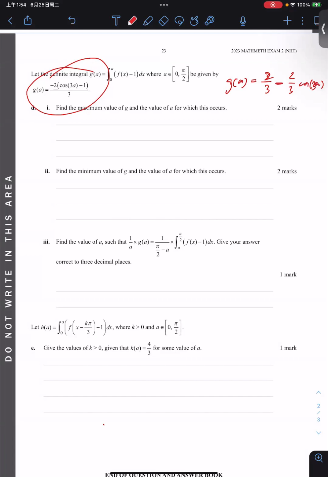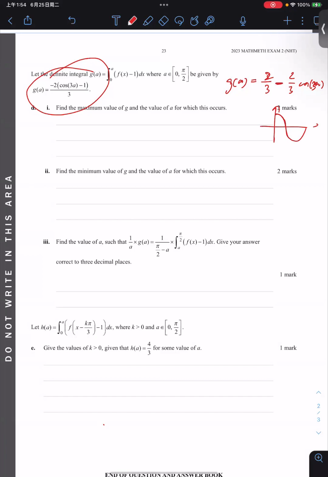Okay, obviously you can see that when you have the maximum for the function g, you have the minimum value of the cosine within 0 to half pi, all right? Then your 3a is going to be from 0 to 3 over 2 pi, okay?